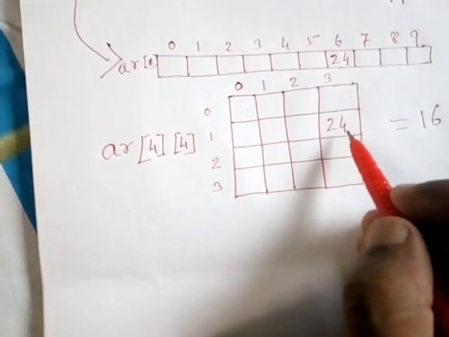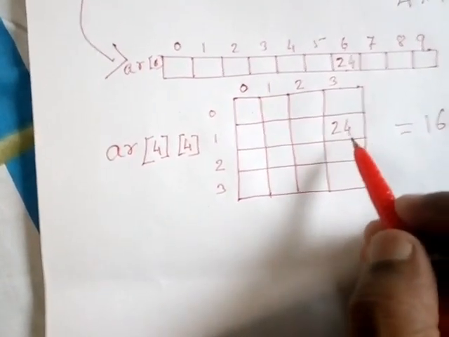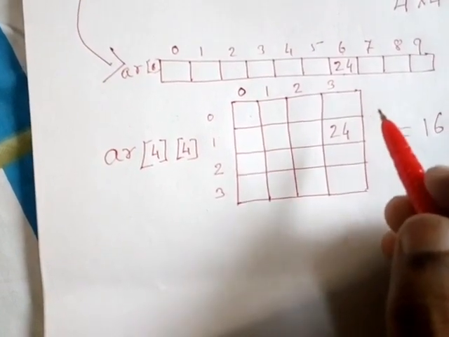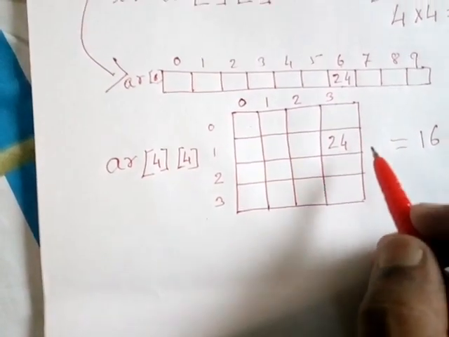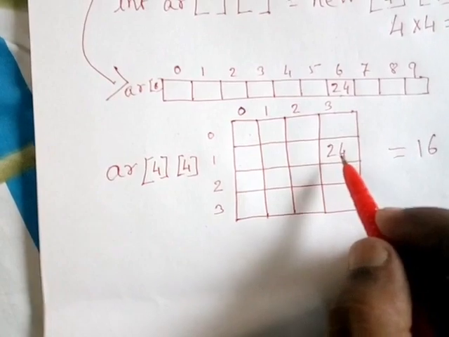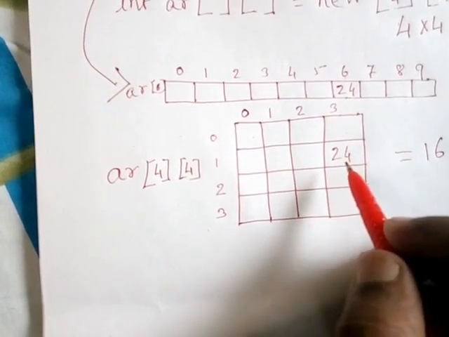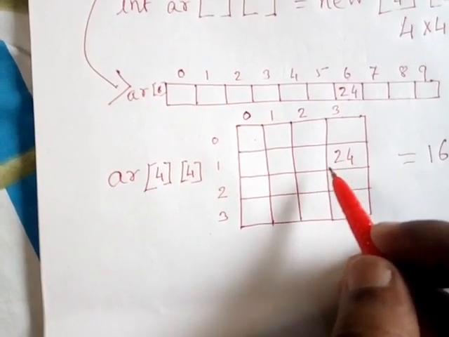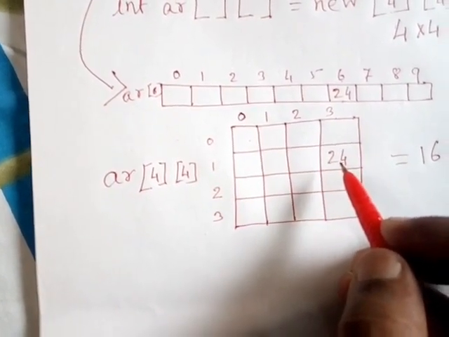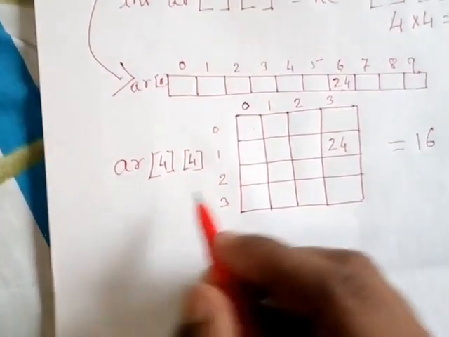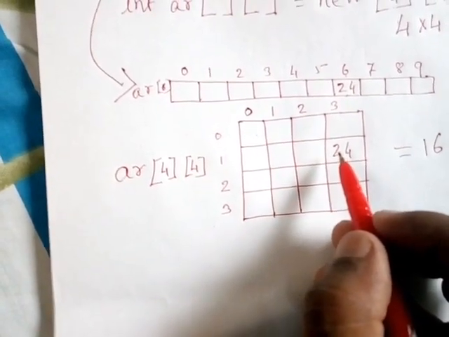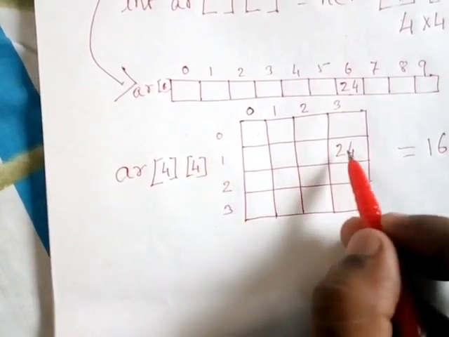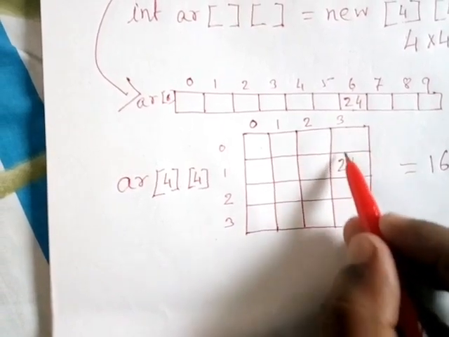Actually, the value where it is stored, how to declare it index wise. If I ask you students in which position this value is stored index wise, you have to say: first row wise, from which number row? 1 number row. From which number column? 3 number column.